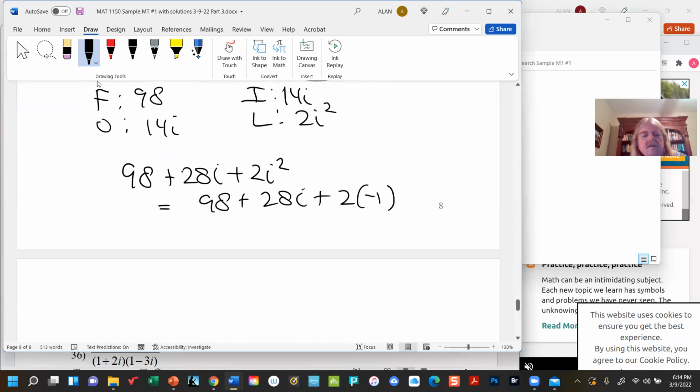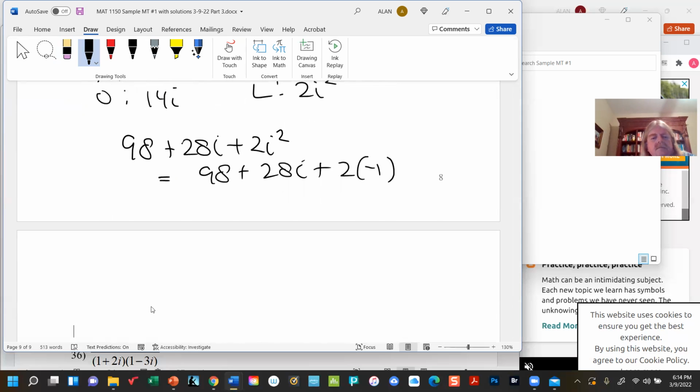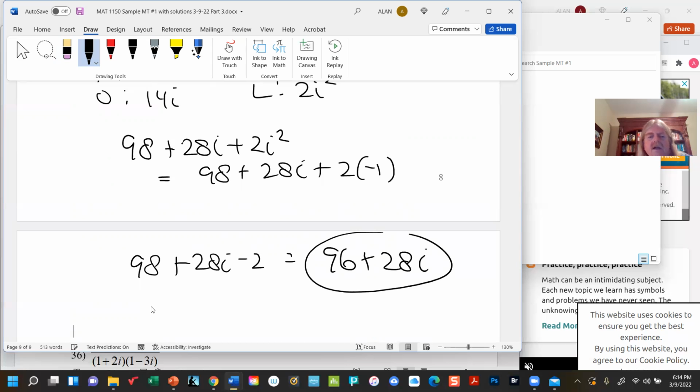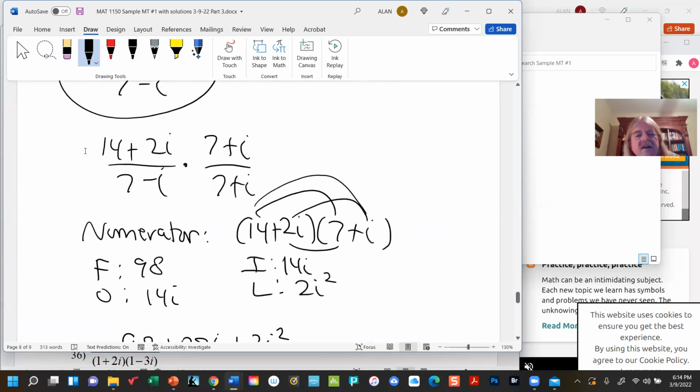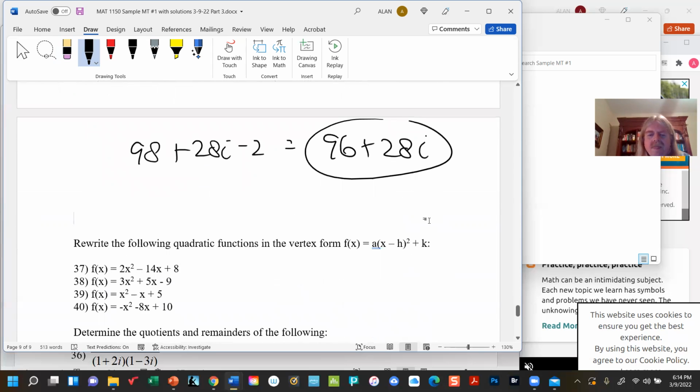Okay, so we're almost there. 96 plus 28i is the numerator. And of course, in the denominator, it's 7 minus i, 7 plus i.